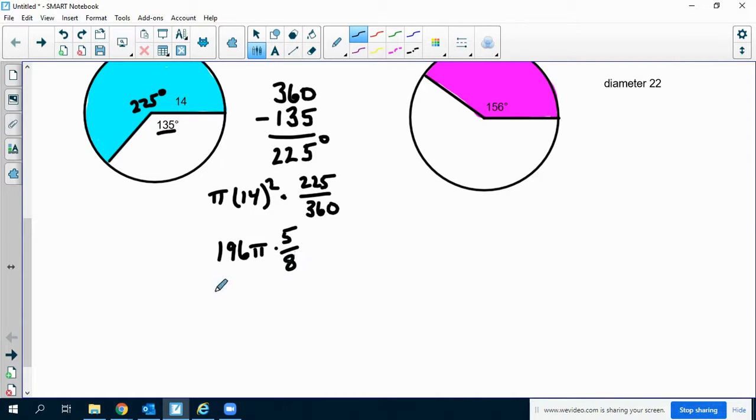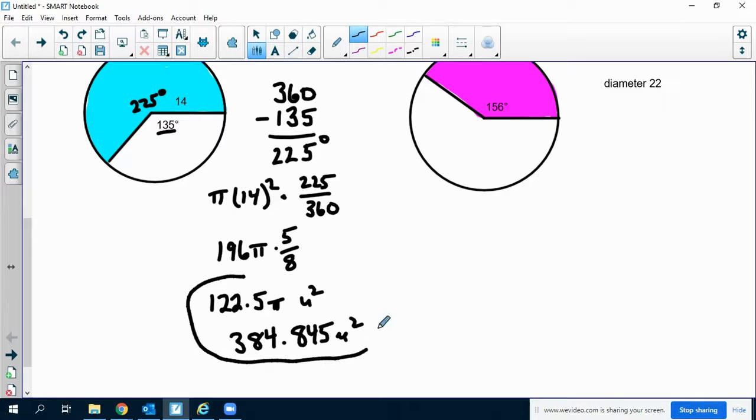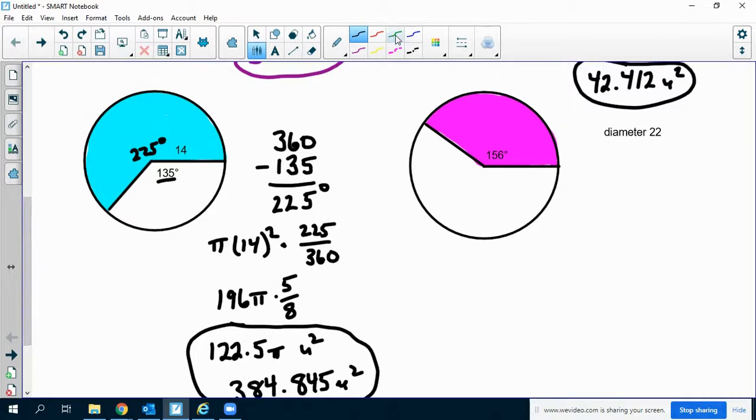So if I wanted to get an exact answer, I'd have 122.5 pi units squared. And if I wanted to get a rounded decimal, I would get 384.845 units squared. So either one of those would be acceptable based on whether it was exact or rounded.